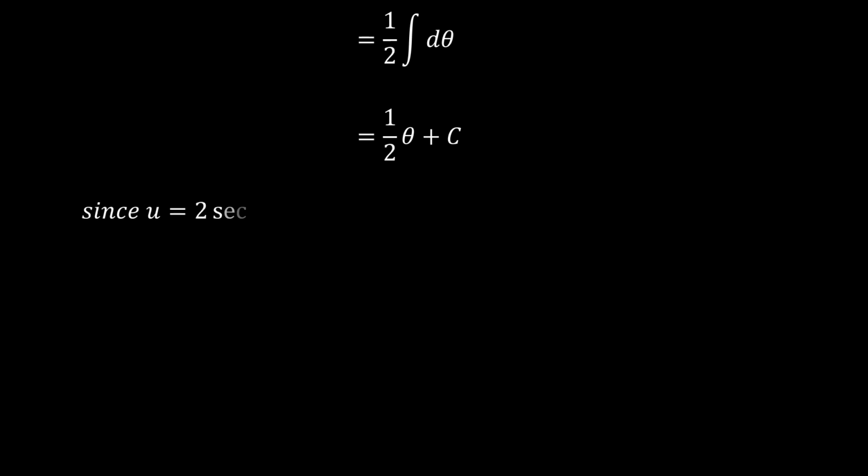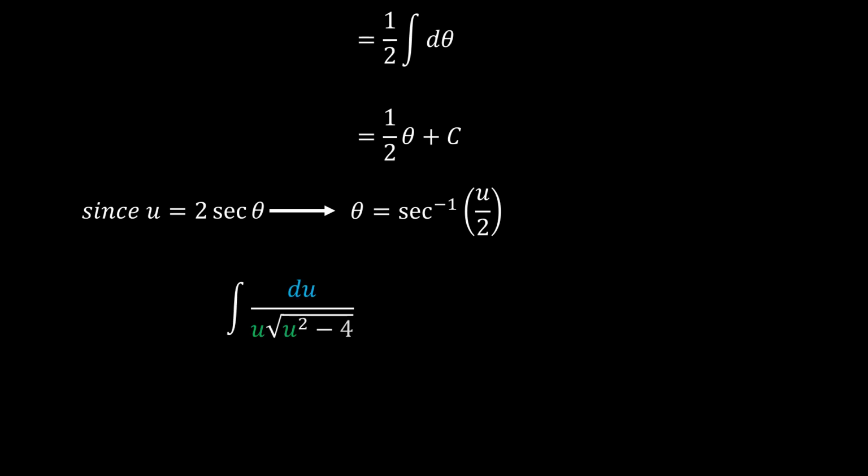Since u was set to 2 secant theta, that means that theta is the arcsecant of u over 2, and that means we now have the integral in terms of u as half arcsecant of u over 2 plus the integration constant.